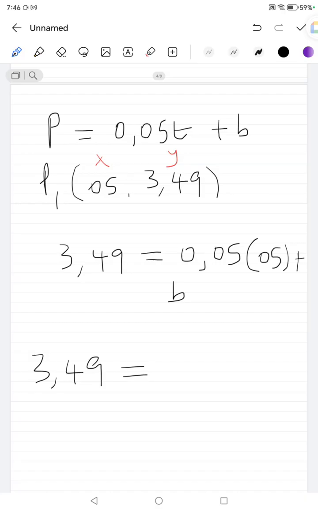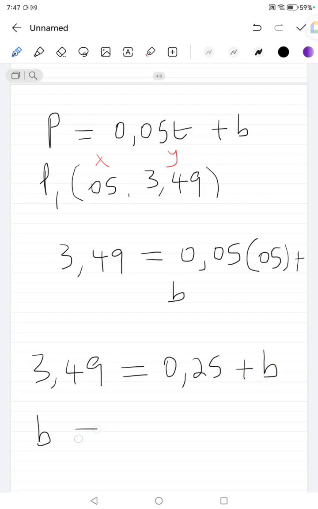What's the answer for that? 0.25. So it's 0.25 plus b.